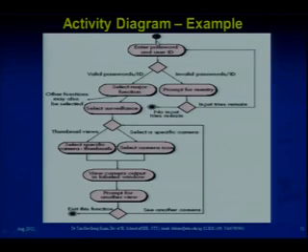Similar to a state diagram, this notation shows the first one. So in this activity diagram, this task will be carried out first. Then here is a selection. We're checking a condition. Depending on which condition is satisfied, that task will be performed.